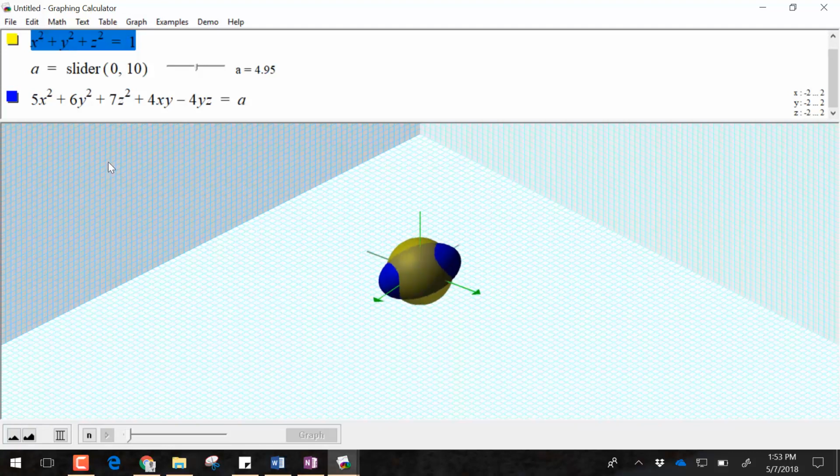Let's see if we can. So now we can see the inside, right? It's transparent. So now at some point over here, it touches, right? What's the value for that one? 3. Let's keep going. And then let's keep going. Right there, right?